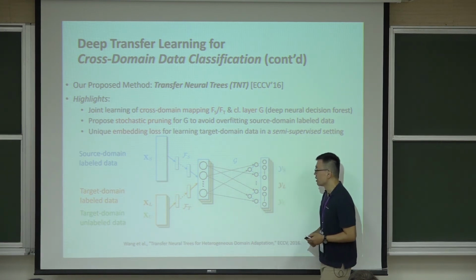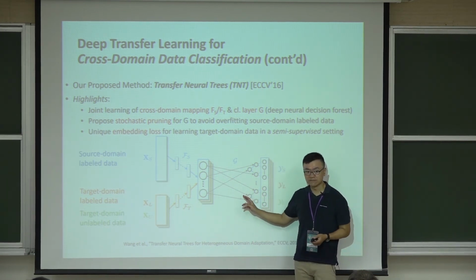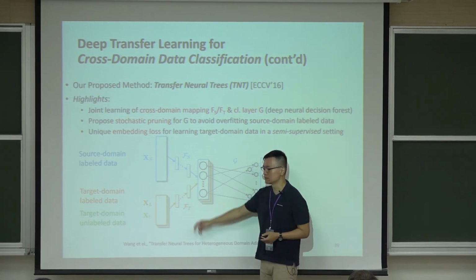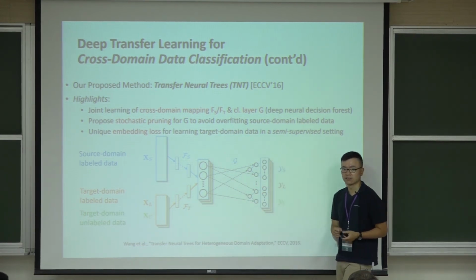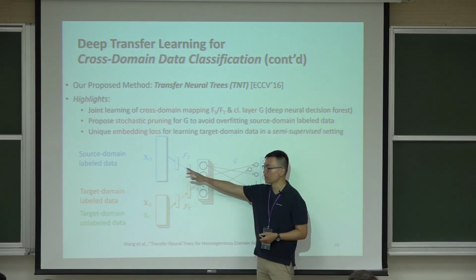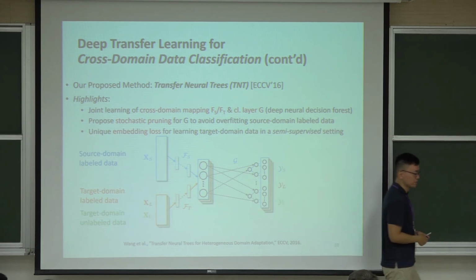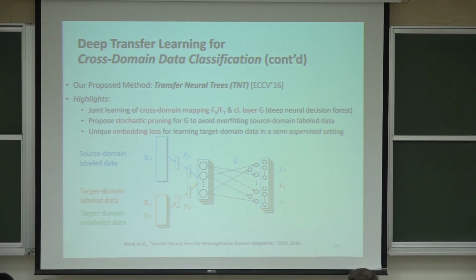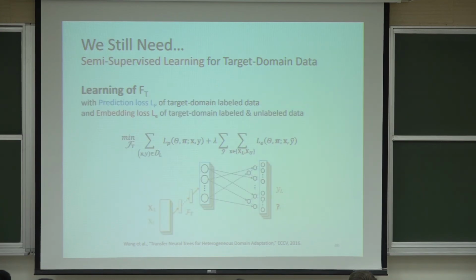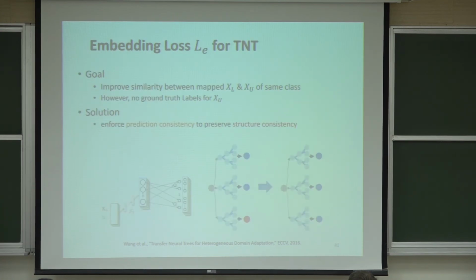And another thing is how can we train a good classifier given that only a small amount of label data is available in the target domain, while most label information is from the source domain. Like I said, this requires a little bit of background in decision tree, random forest and deep random forest. So I will probably skip this model for now, and we will come back later if we still have time.